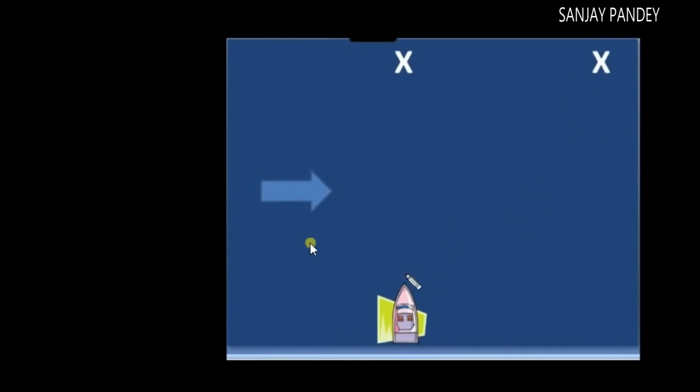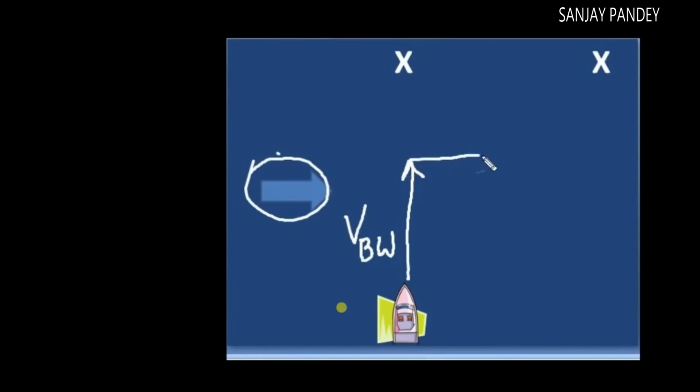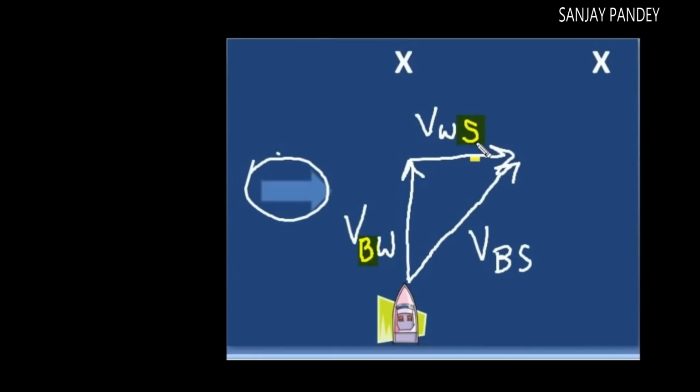This is your boat and the direction of motion of the river, velocity of boat with respect to water, flowing water, velocity of water with respect to shore, and this is your resultant velocity of boat with respect to shore. And the boat is moving in the direction of VBS, that is, in the direction of the resultant velocity.